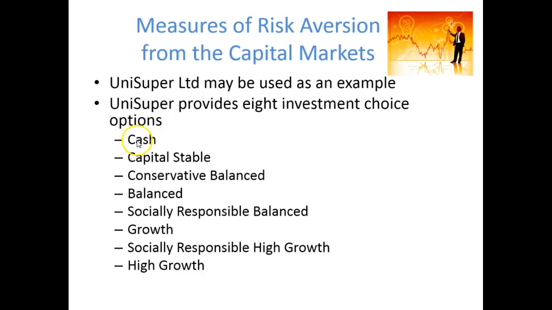As we move from the top down to the bottom, we have an increase in expected returns, but a commensurate increase in risk across each of these portfolios. So if an investor elected to invest in cash or capital stable, we could assume that they're a highly risk-averse investor. If an investor decided to invest in high growth, we could assume that they have a low degree of risk aversion.